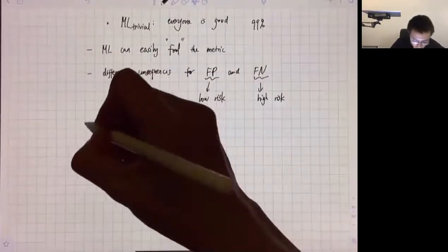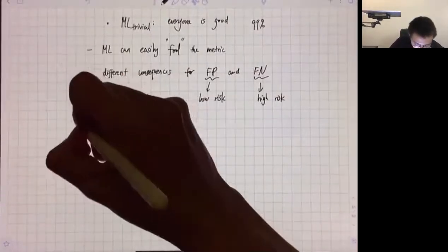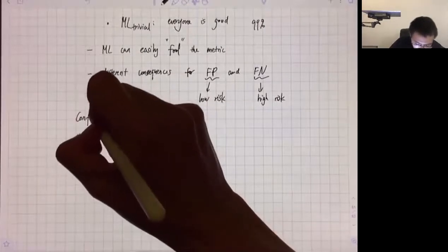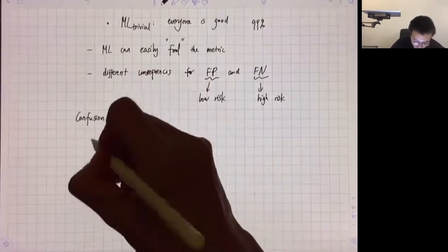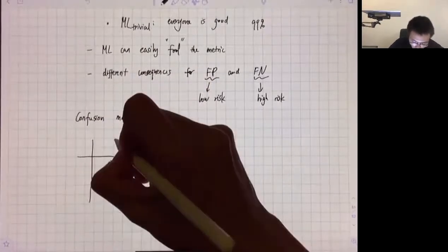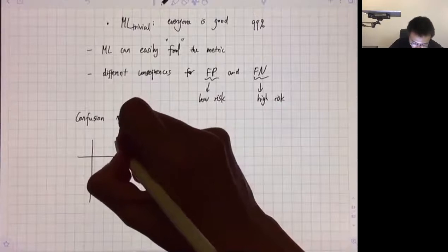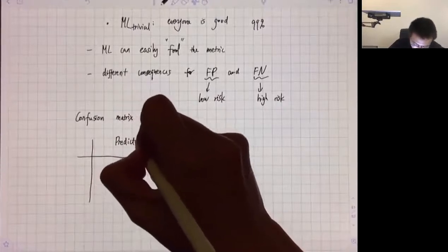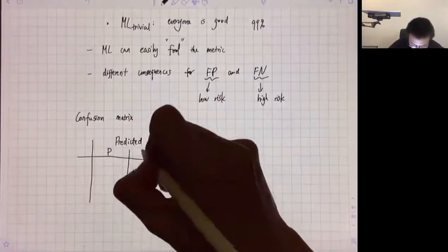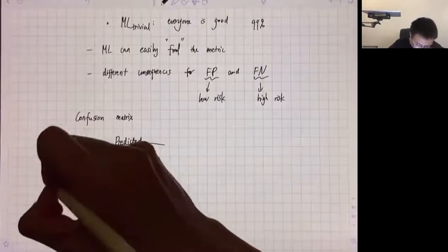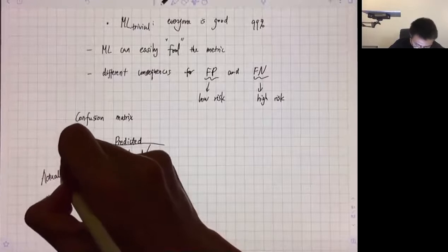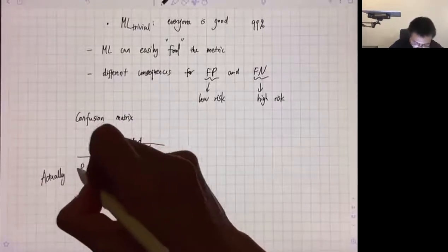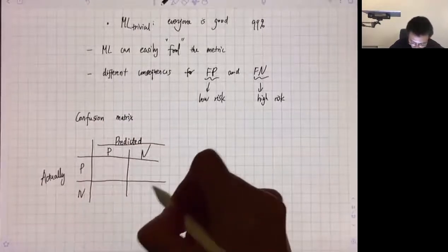To solve this problem, I would suggest you have a confusion matrix. Confusion matrix is a two-dimensional matrix where you have one axis predicted positive and negative, okay? And the other axis, whether the patient is actually positive or negative.